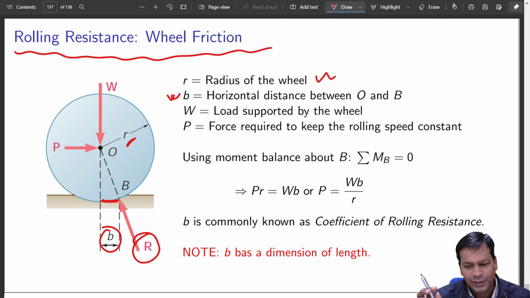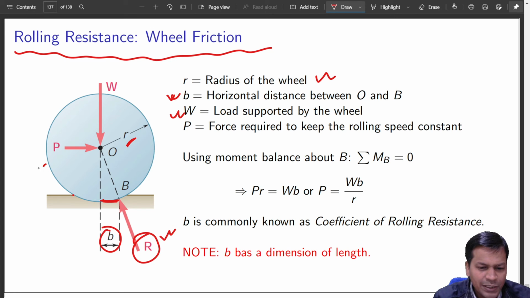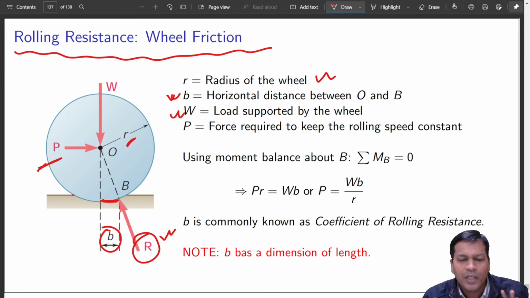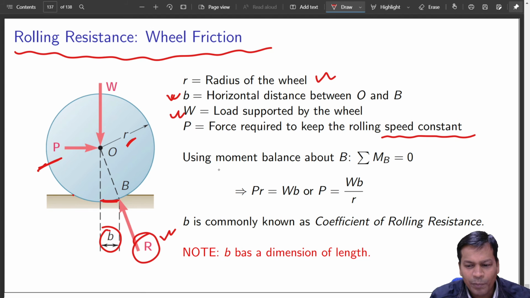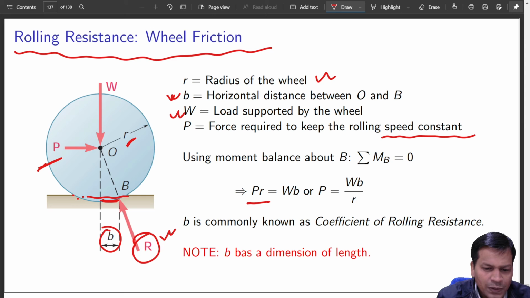You don't know where it is, but effectively it is acting at a distance B. W is the vertical load supported by this, and P is the horizontal force by which you push this wheel to keep the speed constant. Using moment balance, P into R, assuming this dip is very small, creates a couple.